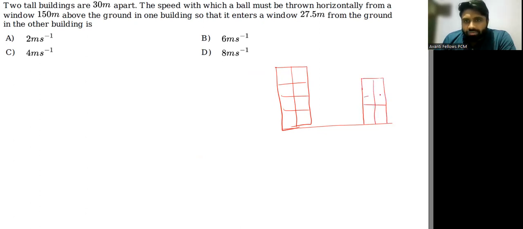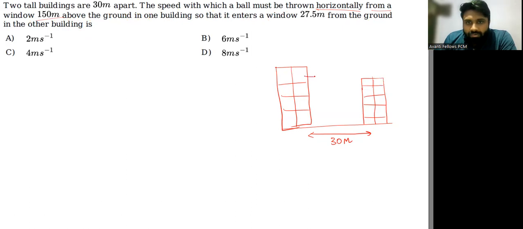Okay. So in this building also, there are windows and all. They are separated by a distance of 30 meters. Now, this ball is thrown horizontally from a window 150 meters above the ground in one building so that it enters a window 27.5 meters from the ground in the other building.